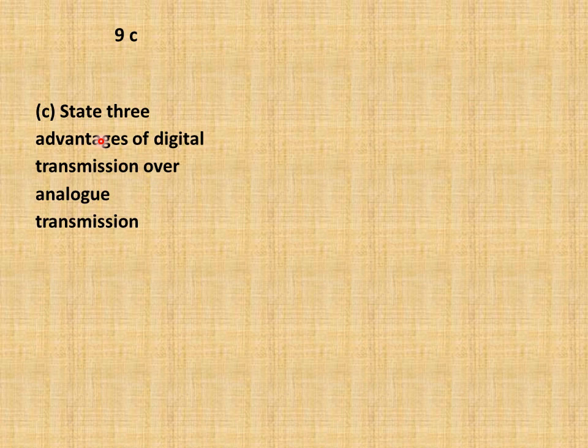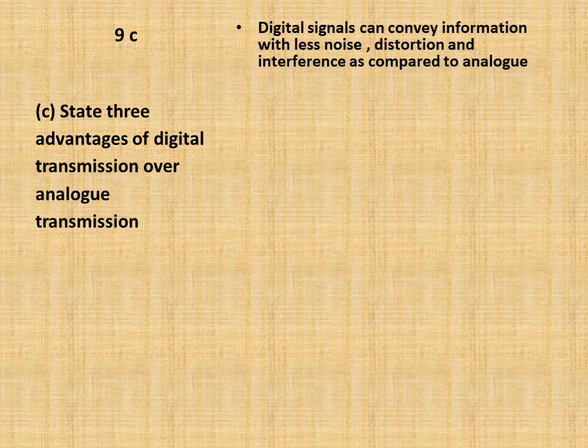C. State 3 advantages of digital communication over analog transmission. Advantages of digital transmission over analog transmission. Digital transmission can convey information with less noise, distortion, and interference as compared to analog.